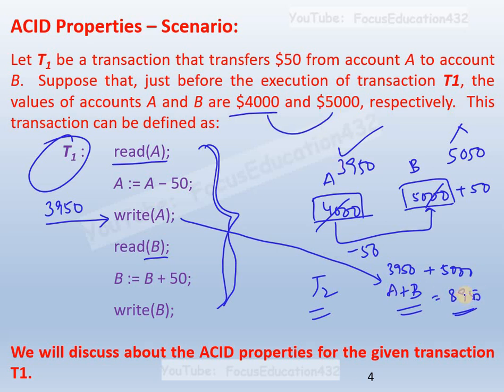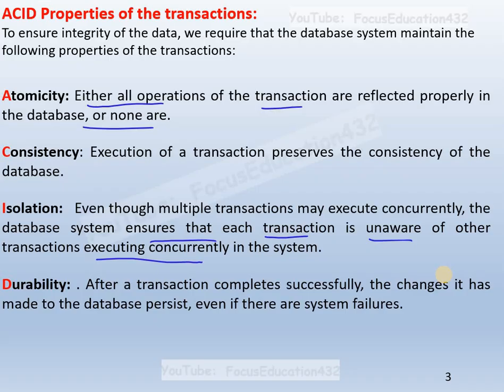Since if the transaction T2 is allowed to access the value of A during the transaction, or in the middle of the transaction, it will show an inconsistent value, that is 8,950. So that should not happen.